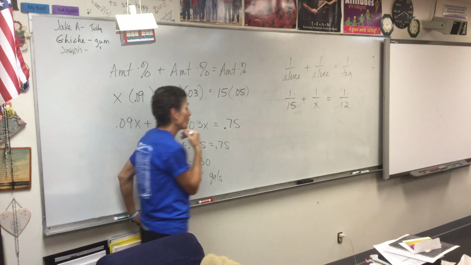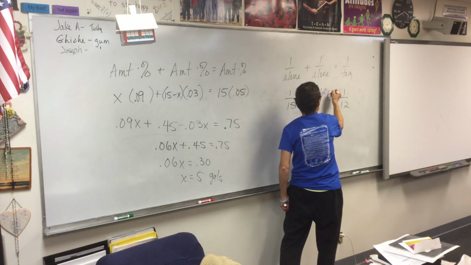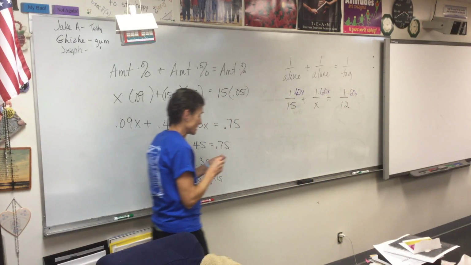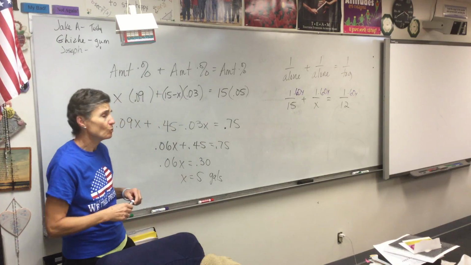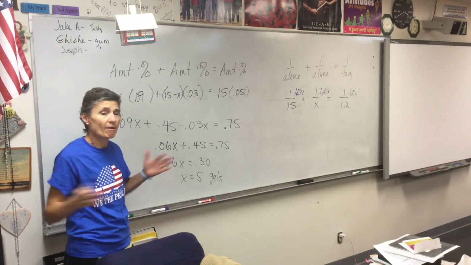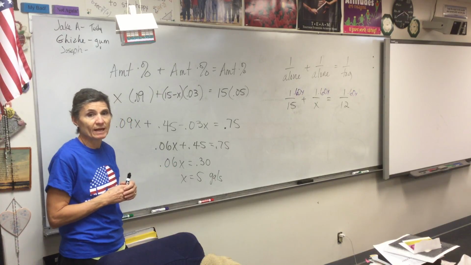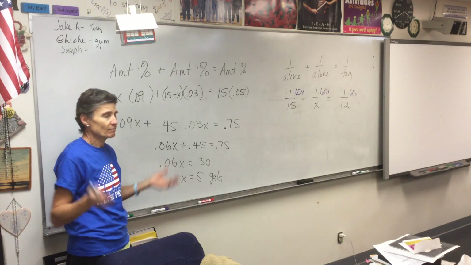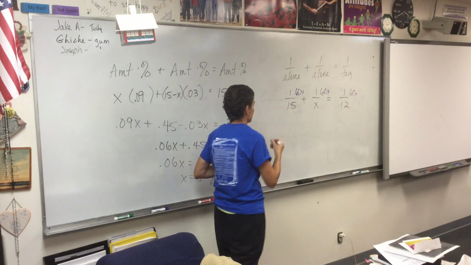The smallest one is 60x, because I have to cancel out that x too. That's the smallest one. Remember, we talked about before that you are allowed to multiply by anything that will cancel out 15, 12, and x. So 180 would cancel them out. Lots of things would cancel them out. The smallest one is 60, so I'll use 60.